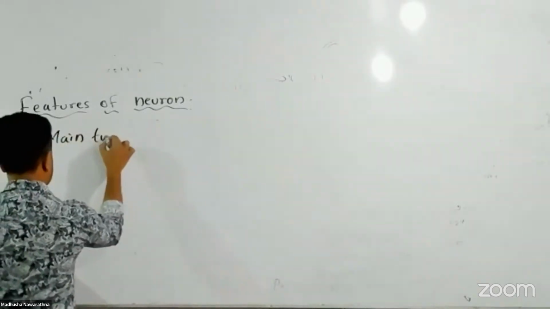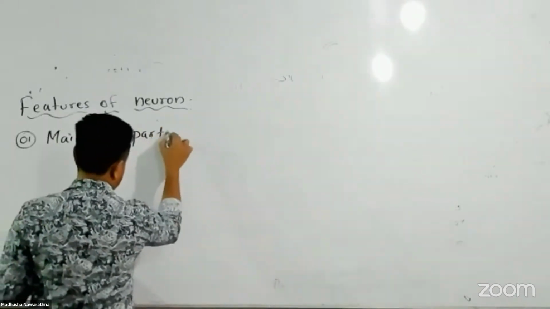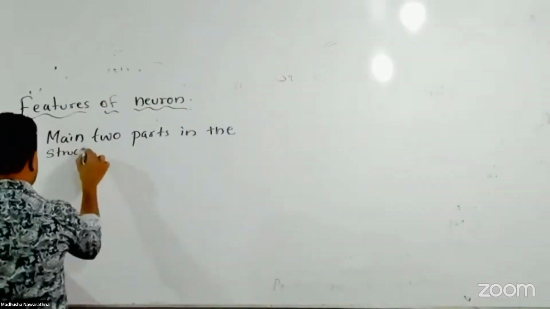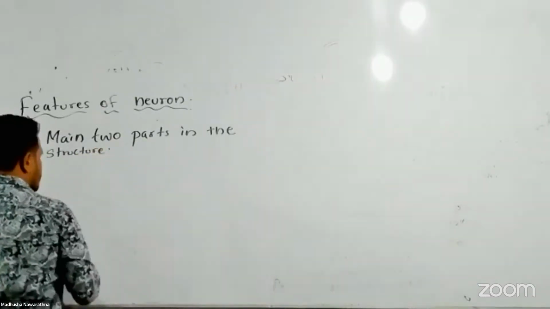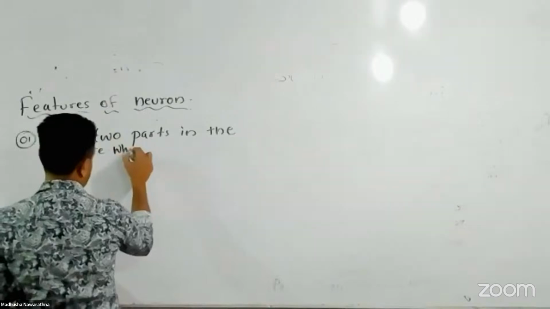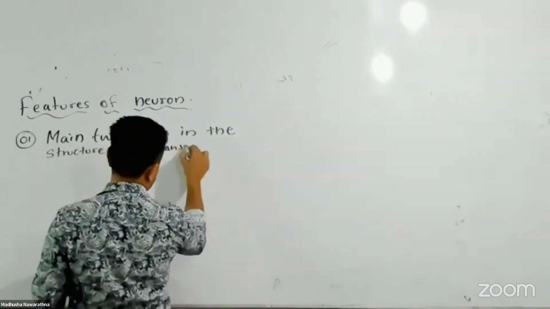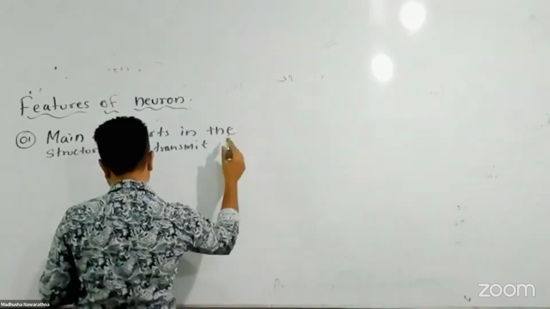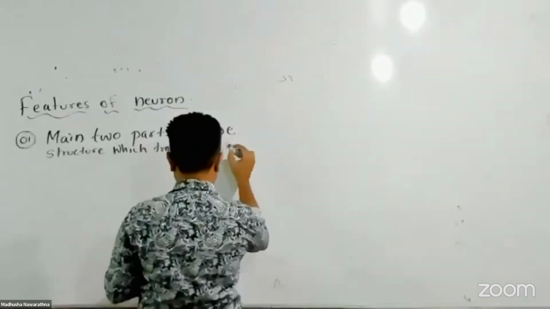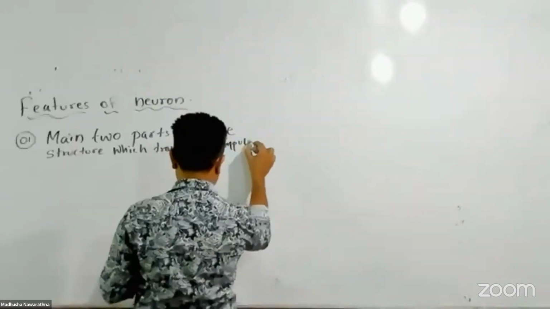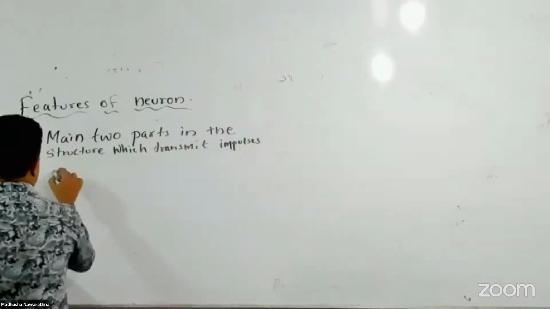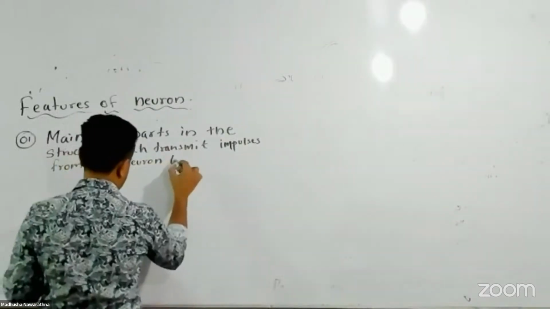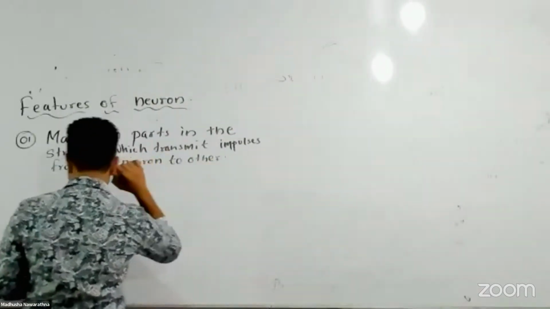Main two parts in the structure which transmit signals or the impulses from one neuron to another.